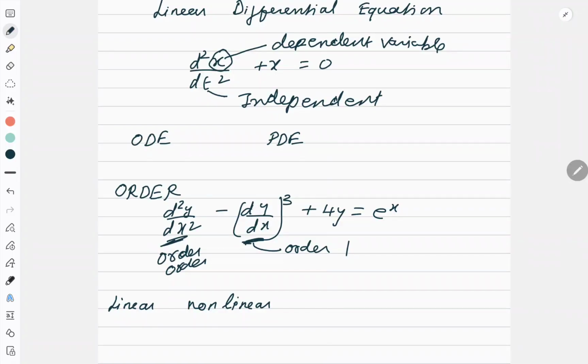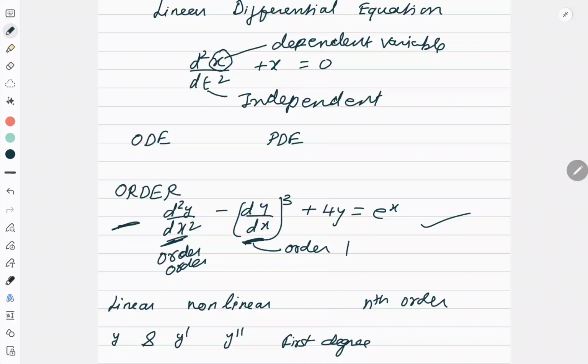An nth order ordinary differential equation, for example this one which is second order, is said to be linear if the dependent variable and all its derivatives are of first degree. Here the dependent variable is y, so y and all its derivatives like y dash, y double dash are of first degree, then it is called linear.